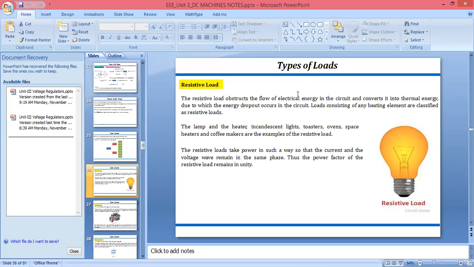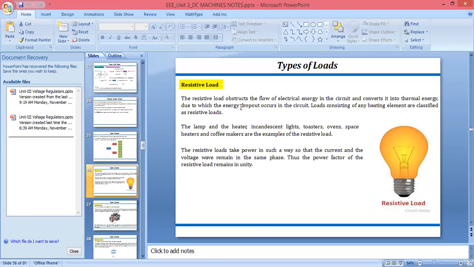they are taking the electrical energy. The resistive load will take the flow of electrical energy as an input, and it converts that electrical energy into thermal energy. So we call the device a resistive load. And we call the device a load because when it converts electrical energy into thermal energy, there is some drop.